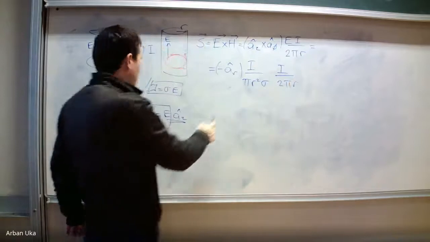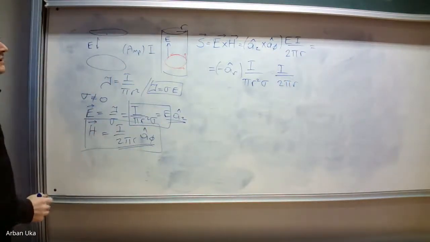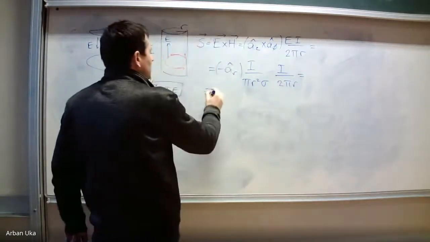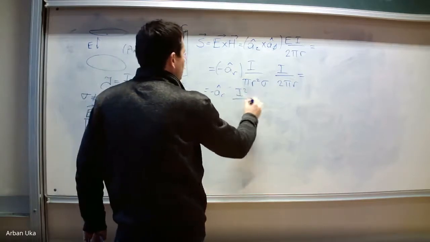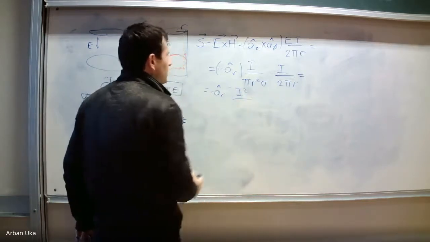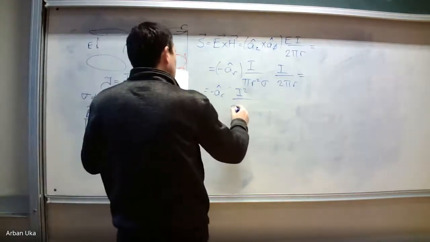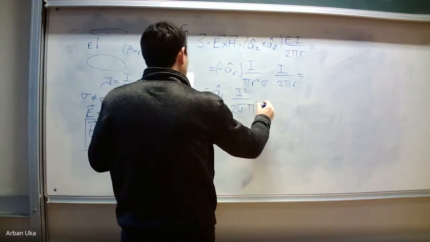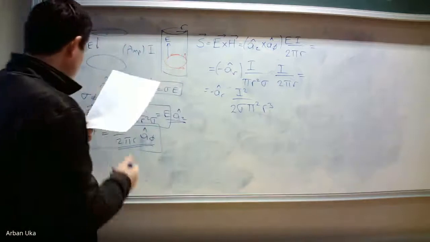So let's not forget I over 2 pi r. This was the magnitude of the H. Okay. So then here we continue again. We say minus AR times I squared over. So here we get a few terms, which is going to be 2 sigma pi squared r cubed.